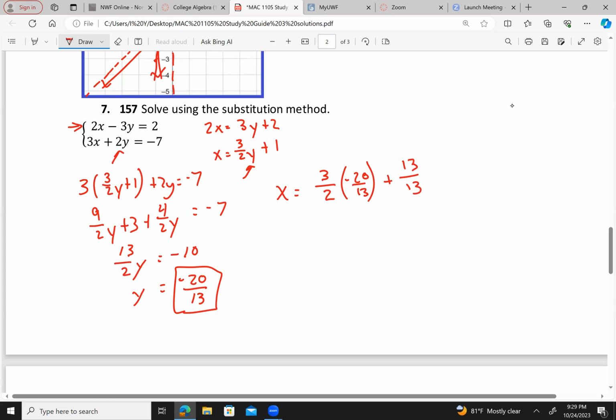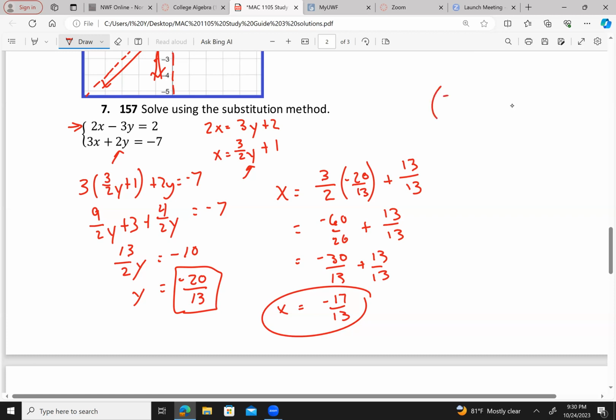So what I have here is negative 60 over 26 plus 13 over 13, which is negative 30 over 13 plus 13 over 13, which gives me negative 17 over 13. So my point is negative 17 over 13, negative 20 over 13. If memory serves me correct, the test question will come out a little better.